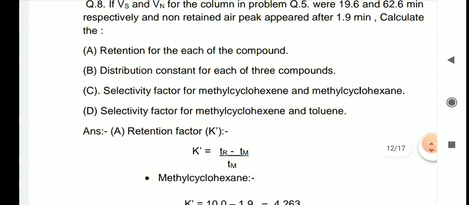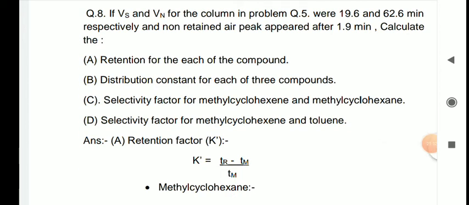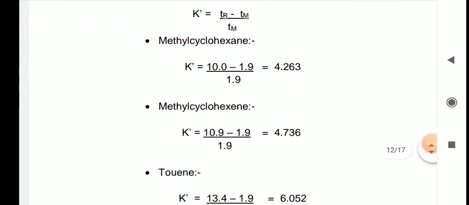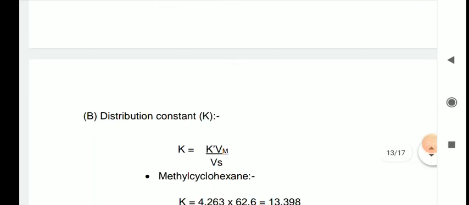Now, first part we have done, that is retention factor for each of the compounds. Next part they want is distribution constant for each of the three compounds. The formula for distribution constant is K dash into Vm by Vs, right? Because the original formula is K dash is equal to K into Vs by Vm.